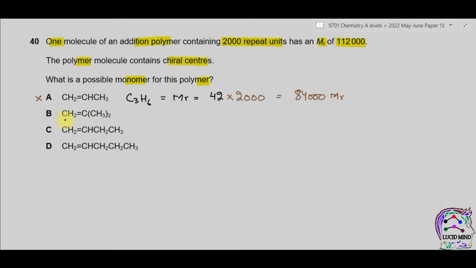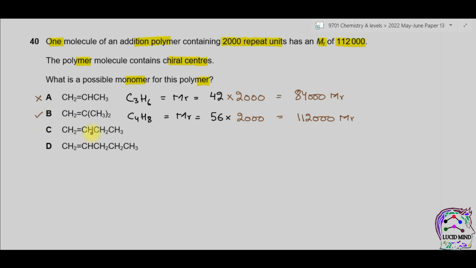Number of carbon atoms is 4 and hydrogen atom is 8. So 12, 4 is 48 plus 8 is 56. So it comes equal to 112,000. So this could be correct.